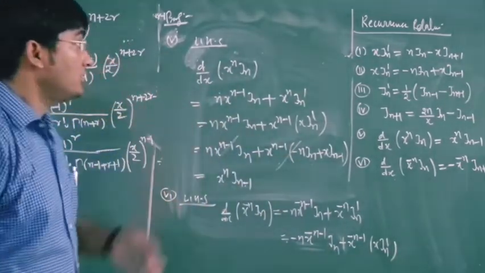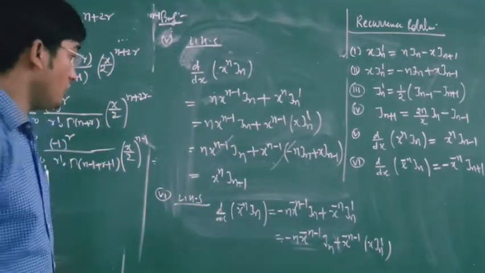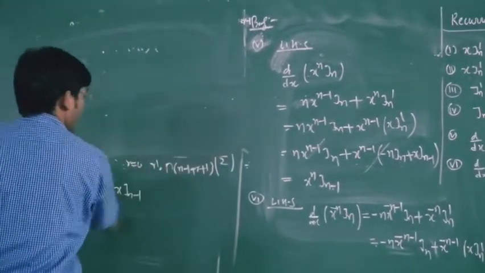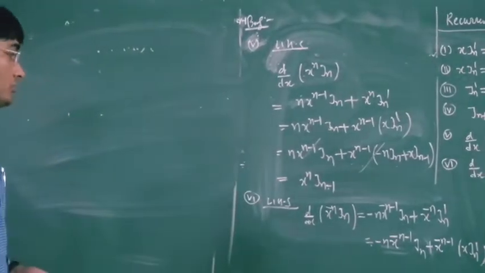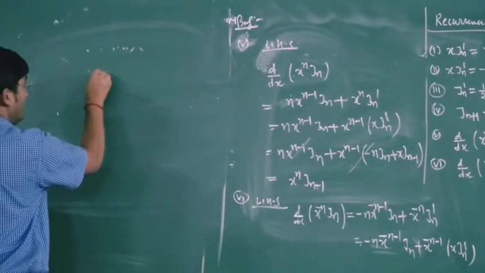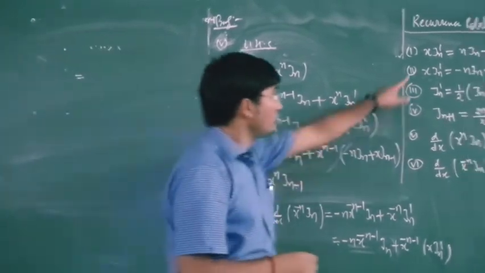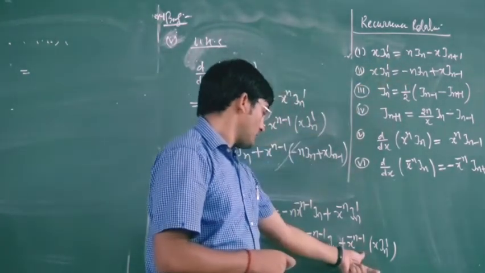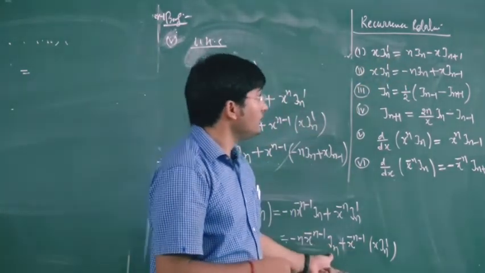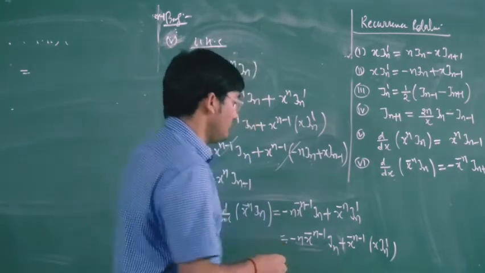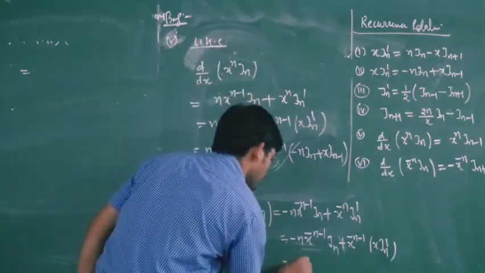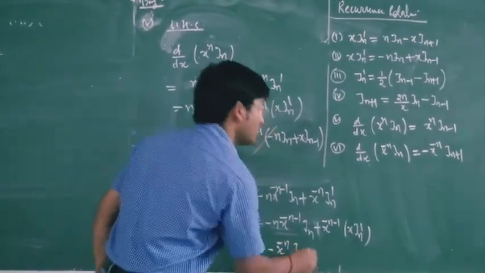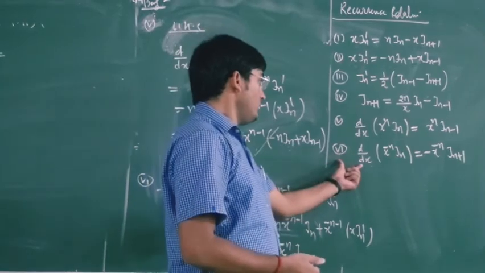Now again use the first part. So if we apply the first part, if you put the value of x Jn dash equal to n Jn, then you consider now this term will get cancelled and we will have minus x power minus n into J n plus 1. So this is your sixth part.